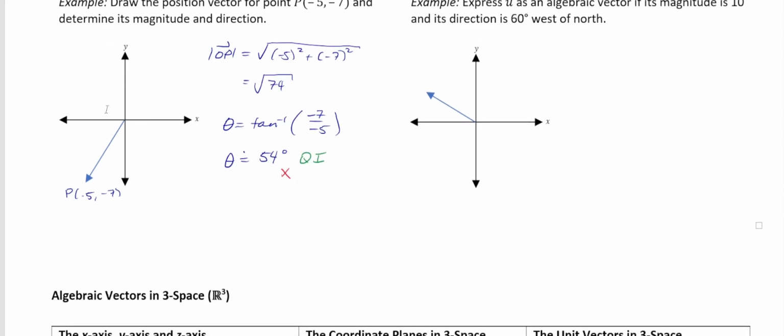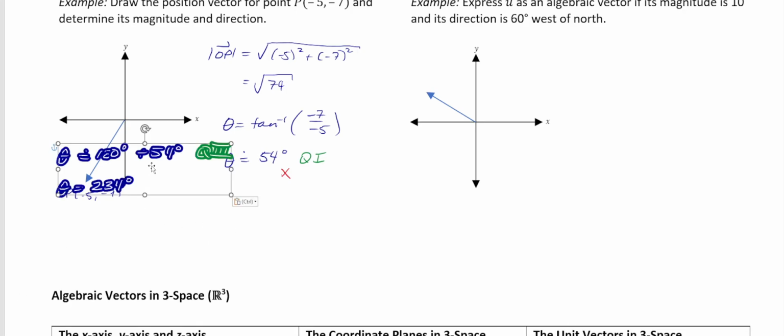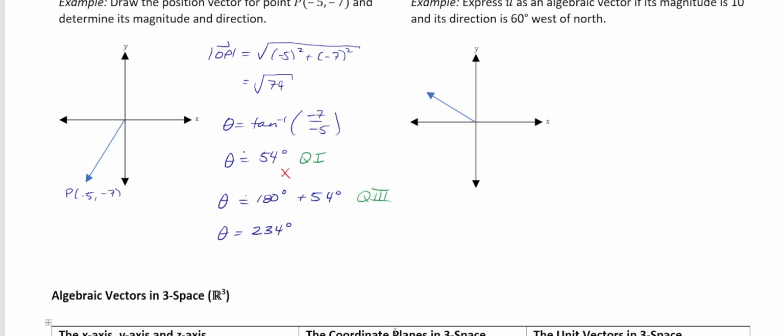So what I need to do is find what this angle is from the positive x-axis all the way to this position vector right here. Well, in order to do that, I need to go 180 degrees and then add that angle of 54 degrees. So it's 180 degrees plus 54, that would put me into quad 3, and so the angle is 234 degrees.